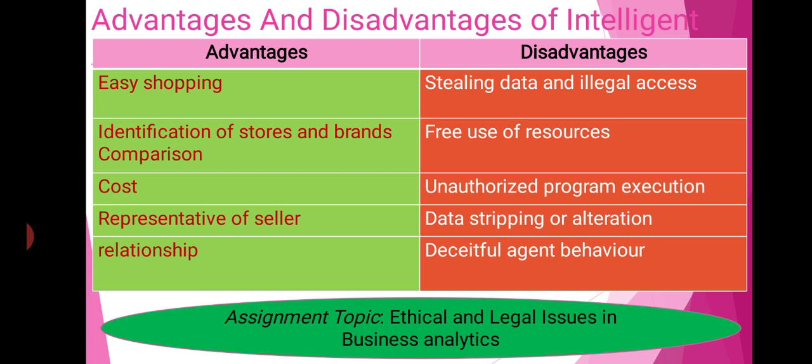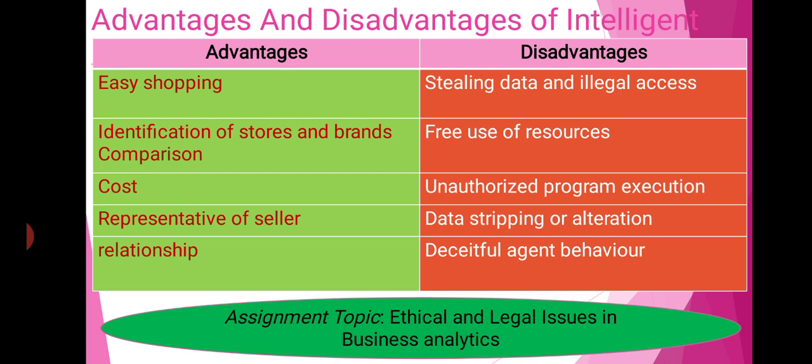This is mostly a concern of the websites. Okay. The next, deceitful agent behavior. Deceitful agent behavior means an agent can mislead other agents or hosts about their intent or intention and can lie about a transaction. This is called deceitful agent behavior.